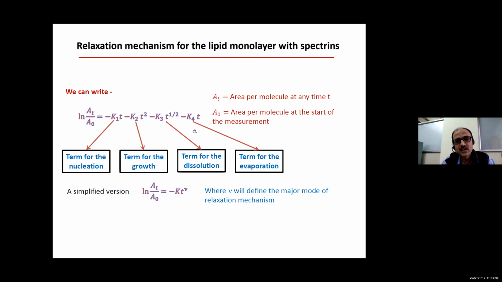It's a decay constant. If you allow the monolayer to relax, you can calculate the decay mode of this monolayer, and this nu defines what the decay mode is.